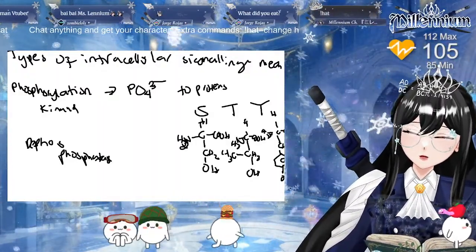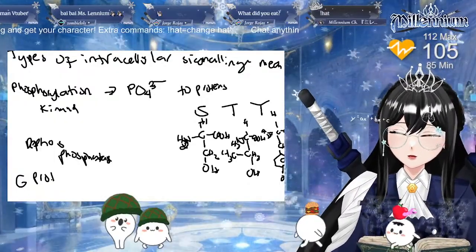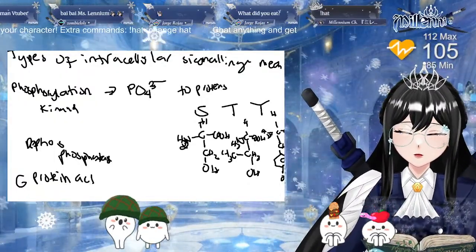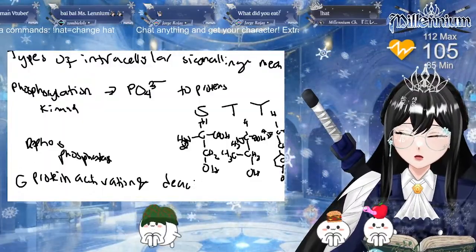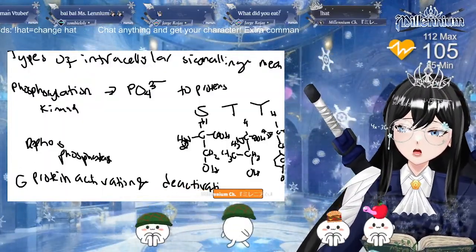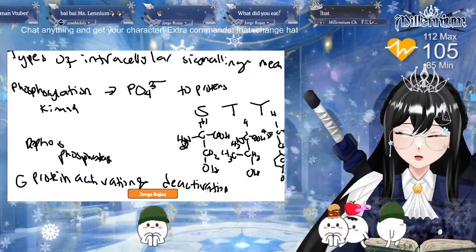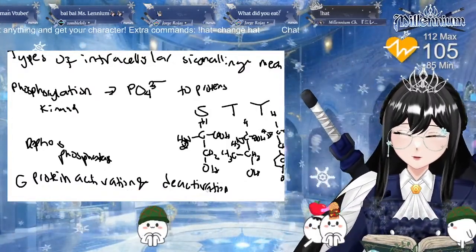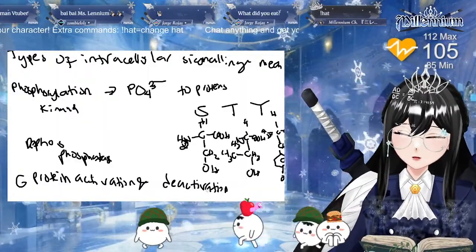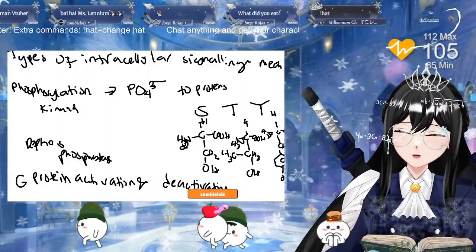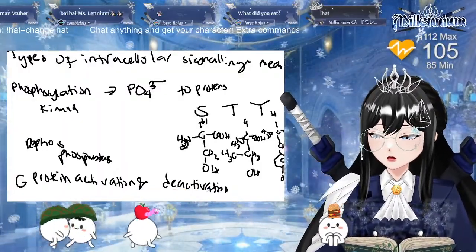Okay. So the next one is G protein activation and deactivation. This one would involve the trimeric G proteins, alpha, beta, gamma, like earlier, associating with the GPCR, the G protein coupled receptors. How would you activate it? Earlier I mentioned the ligand binds to GPCR.